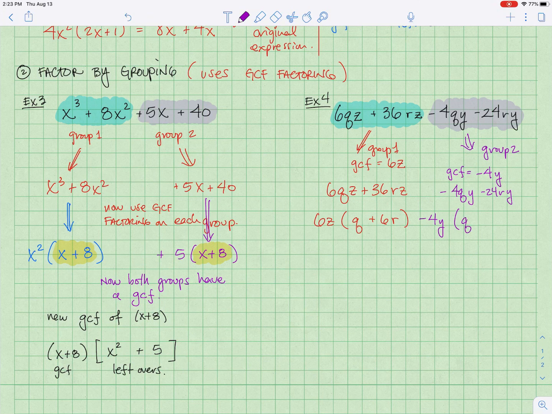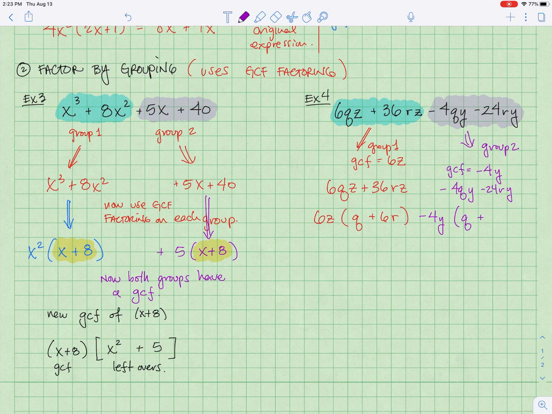And when we pull out a negative 4, we get positive 6, and we're pulling out a y, so we're left with r.